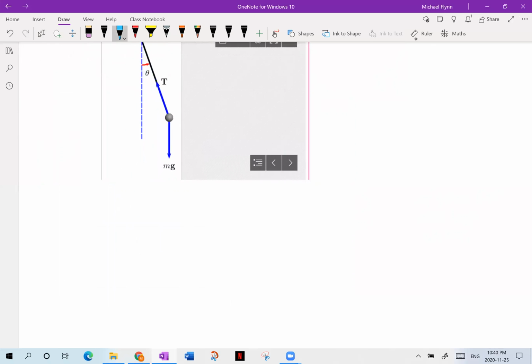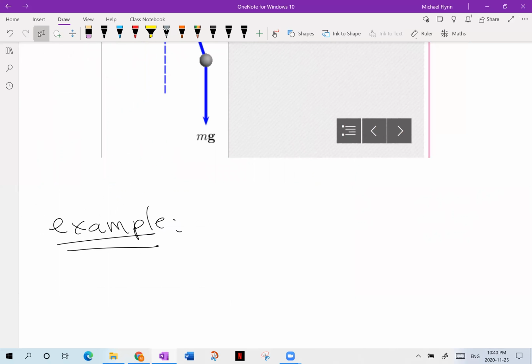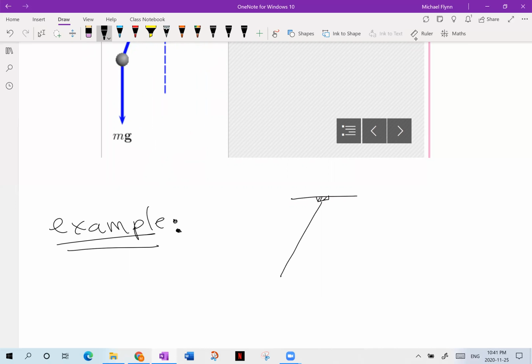So here, let's do an example. Whoop, let's go back to black. Okay, here's an example. Let's say we have someone swinging here. I'll put a little guy here like this. And here he is. He's swinging on a rope.